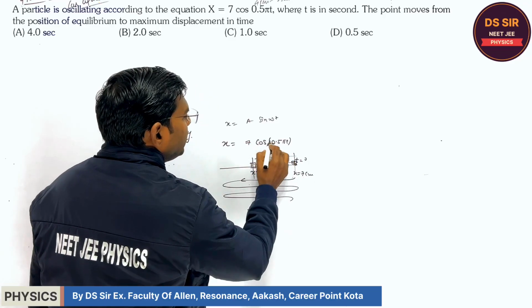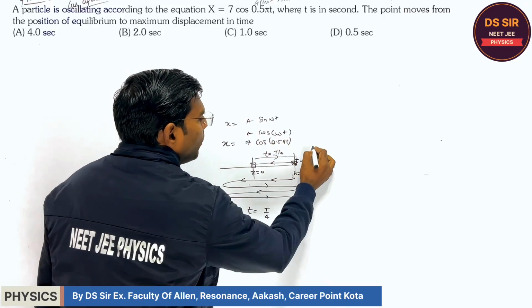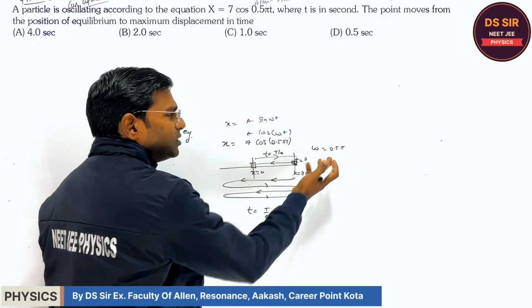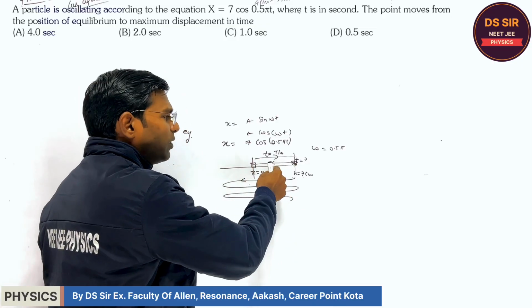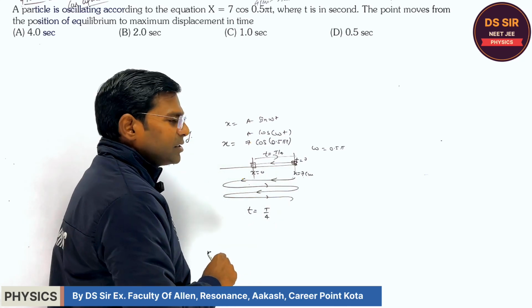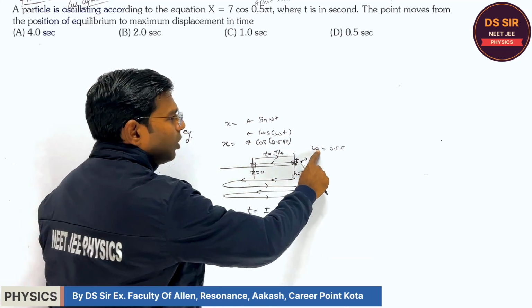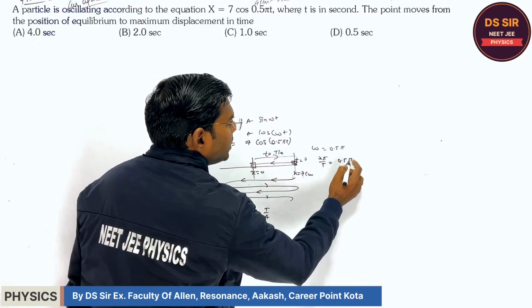Can you compare with A cos omega t? The omega is what? Say 0.5 pi. So there is no difference in the omega, whether the particle starts from this point, from this point, or from this point. But omega is the omega, it means the time period remains the same. The initial phase may be different, but the omega is okay and no change in that case, right?